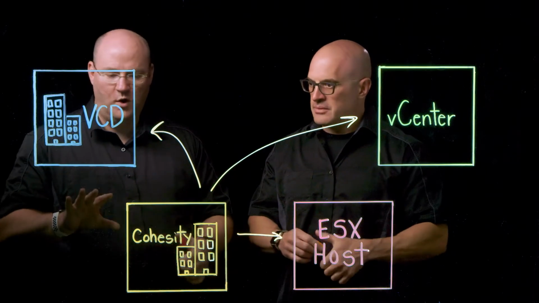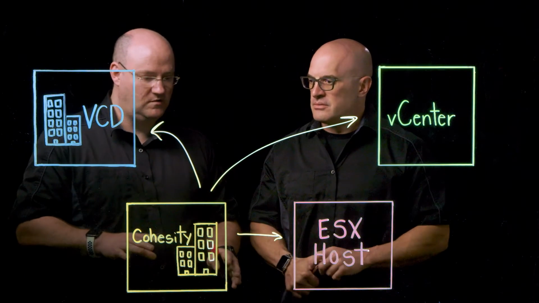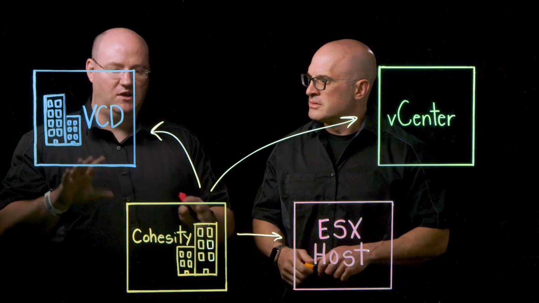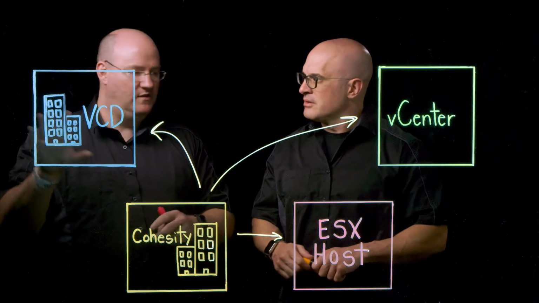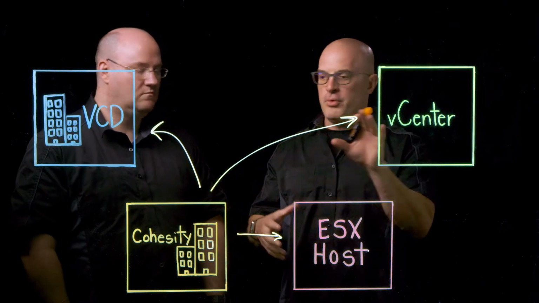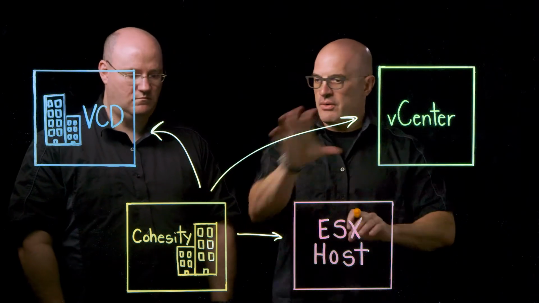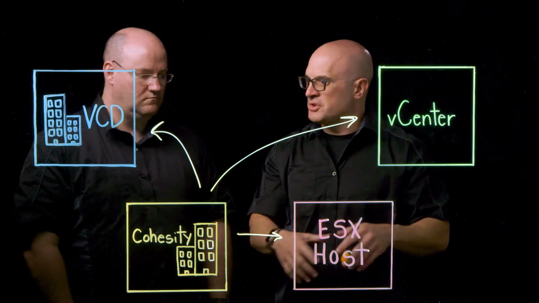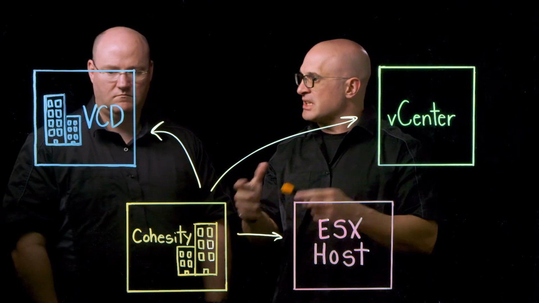When we go and register this source, are we looking at registering each individual source, or are we looking at being able to hit one of these to get everything? It's a great point, John. Most people who are familiar with Cohesity with vCenter know they register the vCenter source, and from that, we know about the ESX host and the virtual machines. Well, the VCD source is the missing key here.